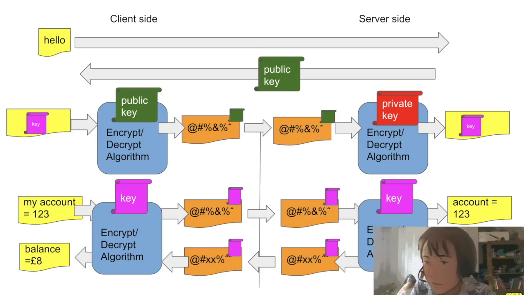So how do we solve the problem? We just need to combine these two algorithms, the symmetric algorithm and the asymmetric algorithm, together. At the very beginning, we still send the server hello, and the server side sends back the public key.